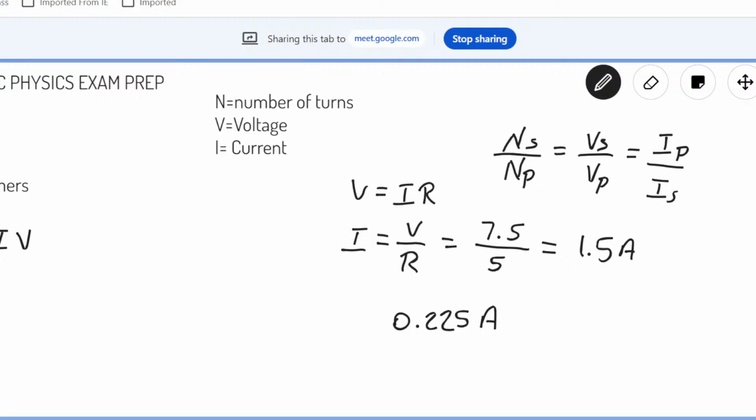But in terms of power dissipation, P equals I squared R. Looks familiar, yeah? So make a note of that. This is power dissipation or power lost.